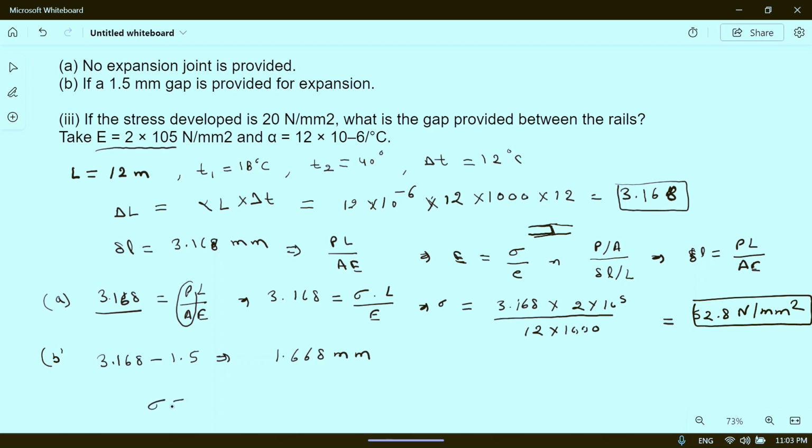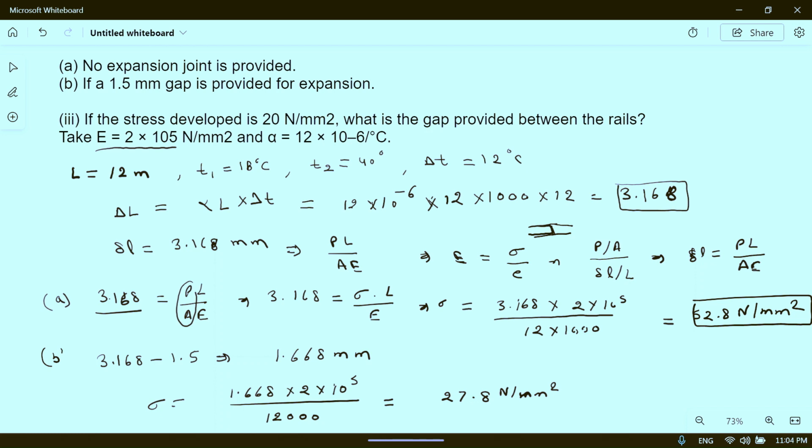So sigma will be 1.668 into 2 into 10 to the power 5 divided by 12,000. So you will get a value which is equal to 27.8 Newton per mm square. So this is the second case.